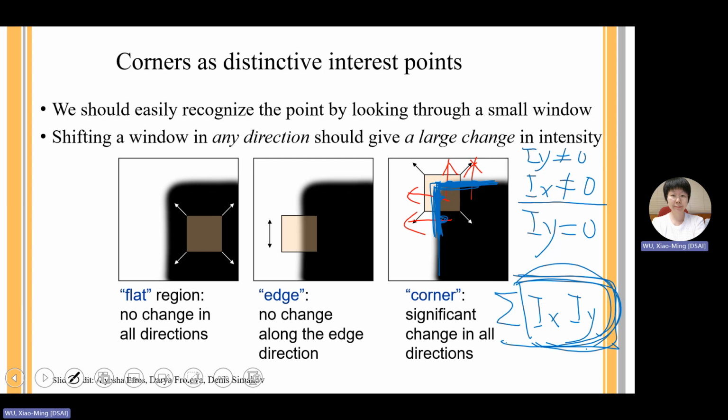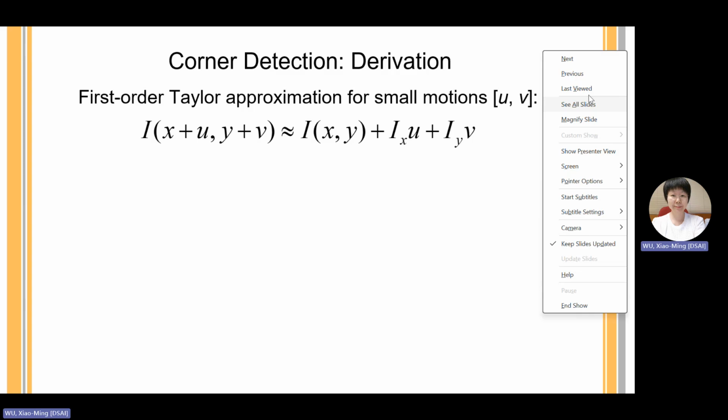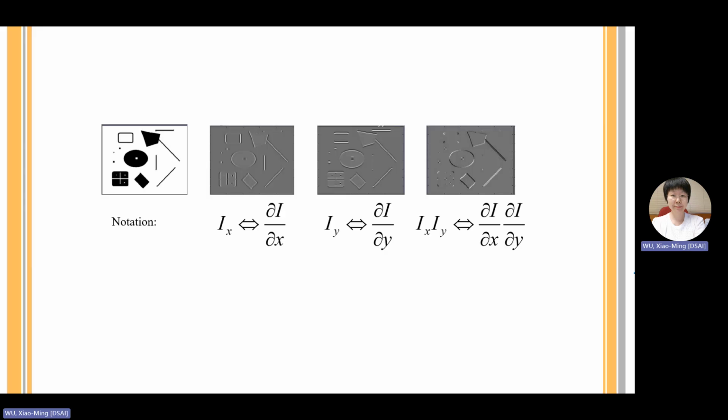So this term ix multiplied by iy will always be 0. Can you get the point? Well, for example, look at this. What happens when ix is multiplied by iy? You get nothing.